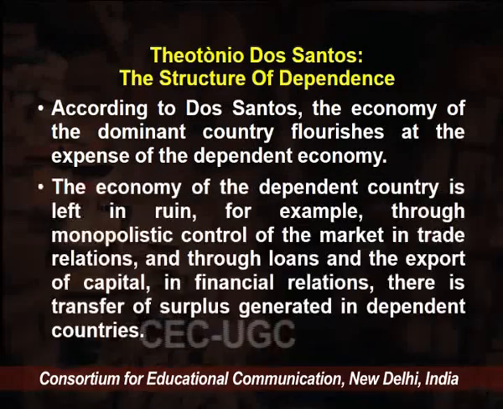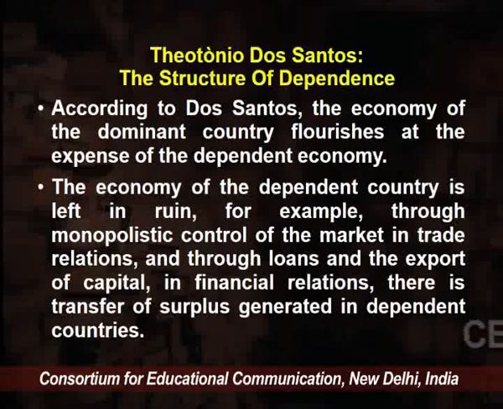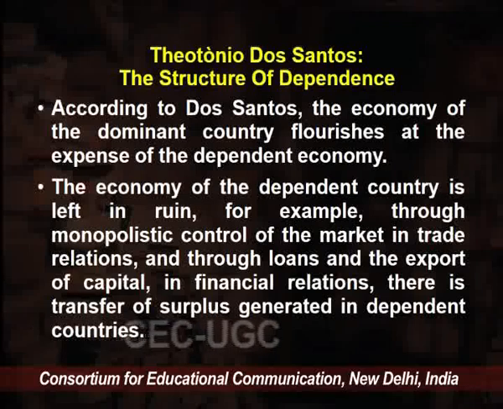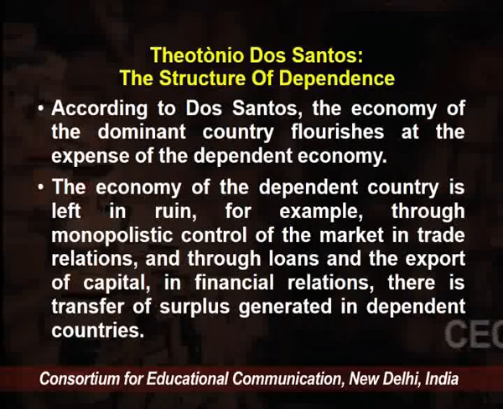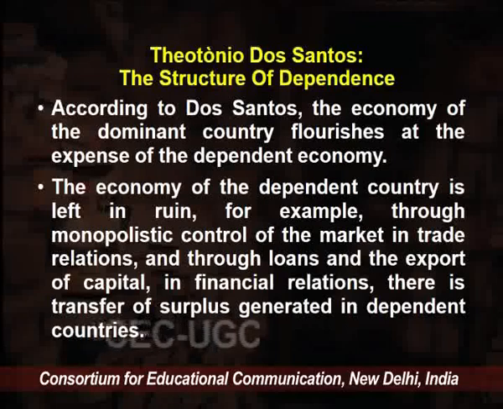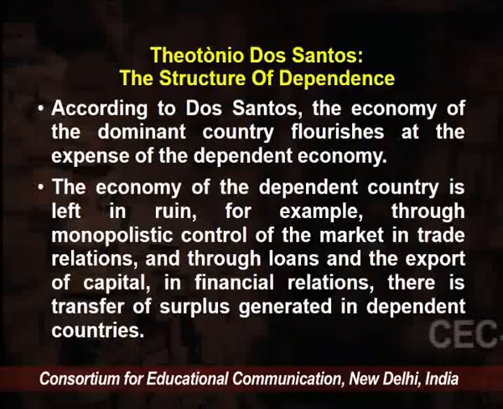They extracted and ruined the economy of the colonized country, and because they had monopolistic control of the market, political power, and economic power, they were able to regulate market trade relations and even the flow of finance and the export of capital.